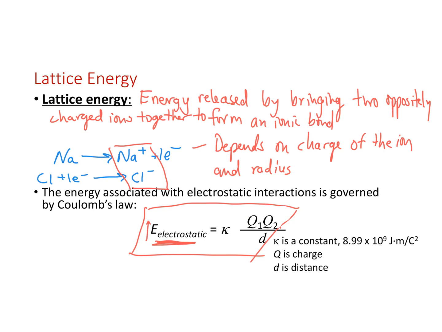Or as my distance decreases, as I bring those two magnets closer together, I would also expect my attraction to increase. So those are the two variables that we can use to change lattice energy. We can change the radius by changing the ion that we're using, and we can also change the charge by changing the ion. Is it +1 or 2 or 3 or 4?